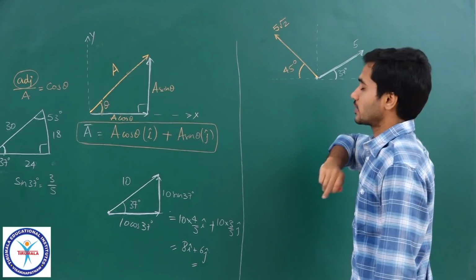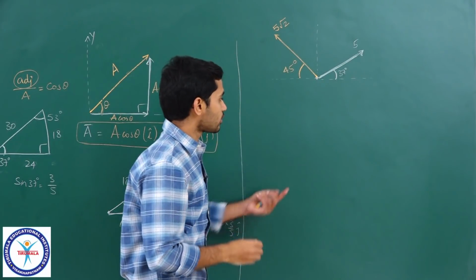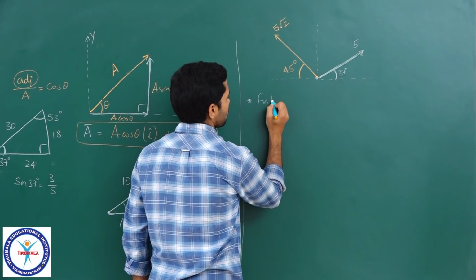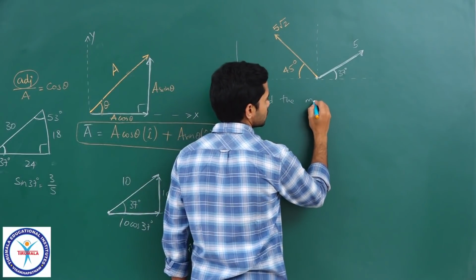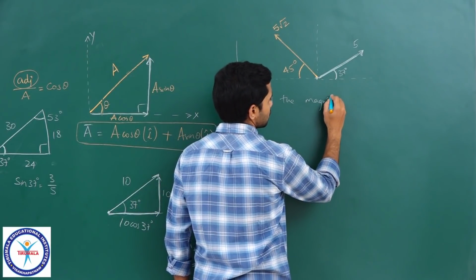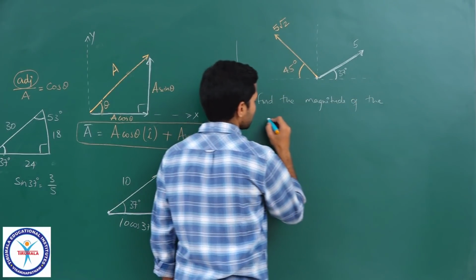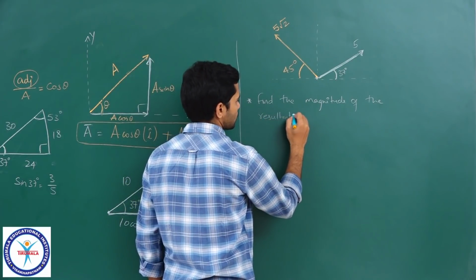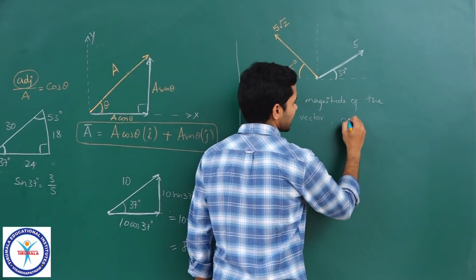Now, we need to add these two vectors and find out, let me write the question: find the resultant, or the magnitude of the resultant vector, and also its direction.